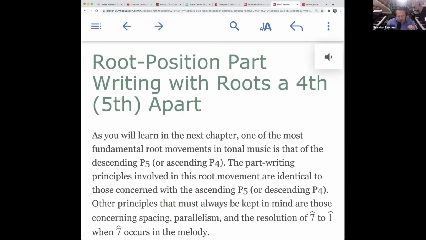So root position part writing with roots a fourth or fifth apart. They're going to give us 3 strategies, 3 techniques for what to do. And if you will memorize this for life, you will be happy in your part writing experience.